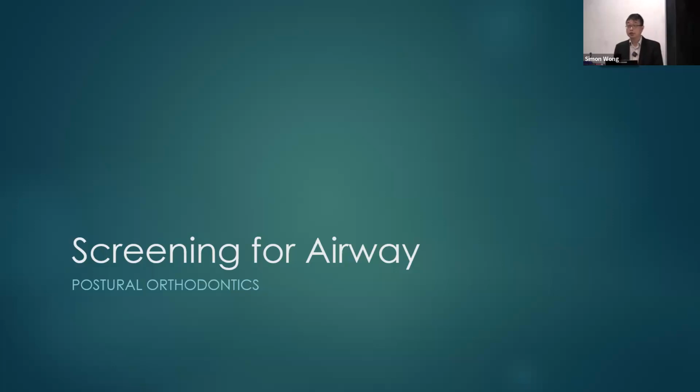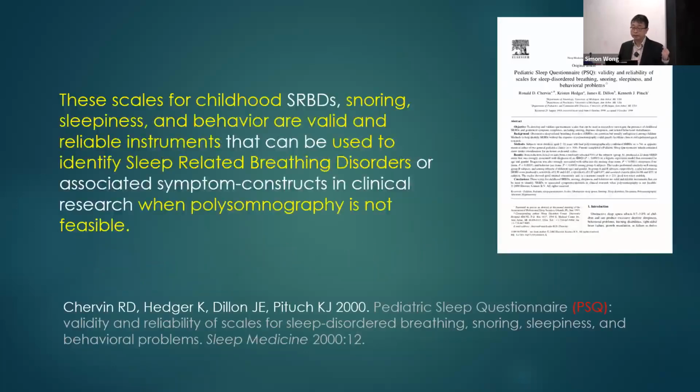Medical history, right? We're taking a medical history. Allergies, previous illnesses, congenital issues, health issues, medications, airway issues. How do we screen? Chervin in 2000 created a pediatric sleep questionnaire.